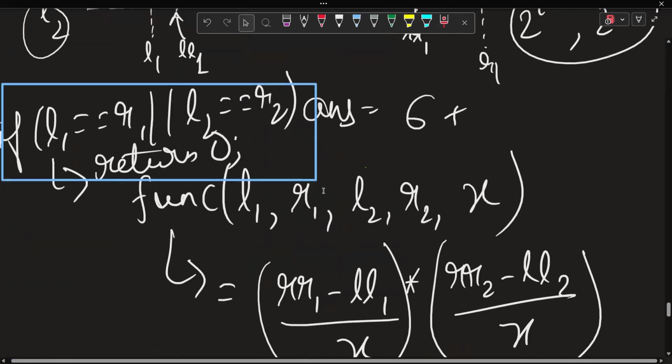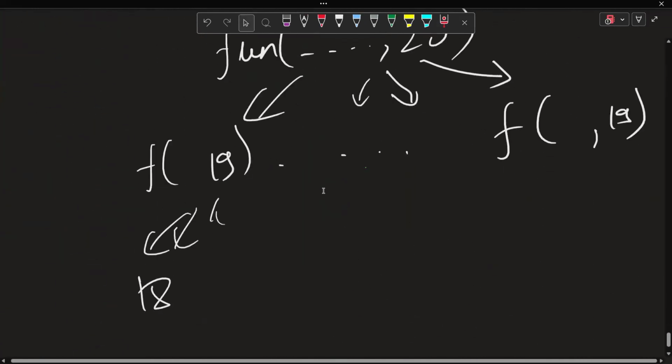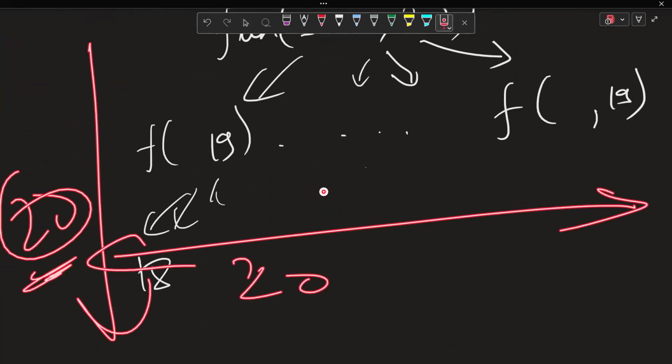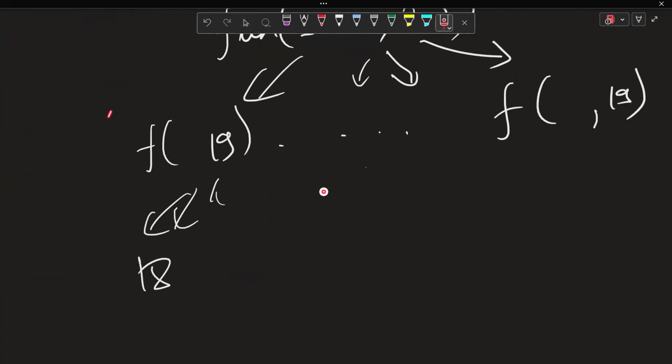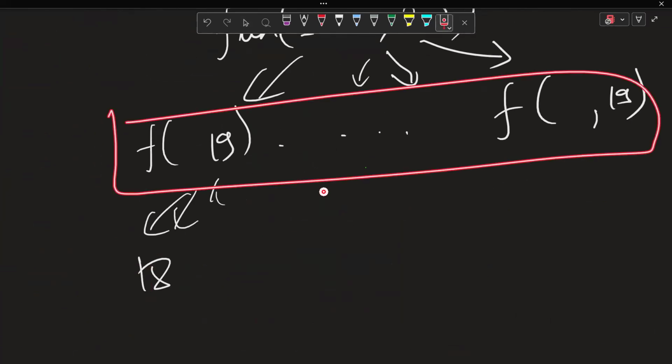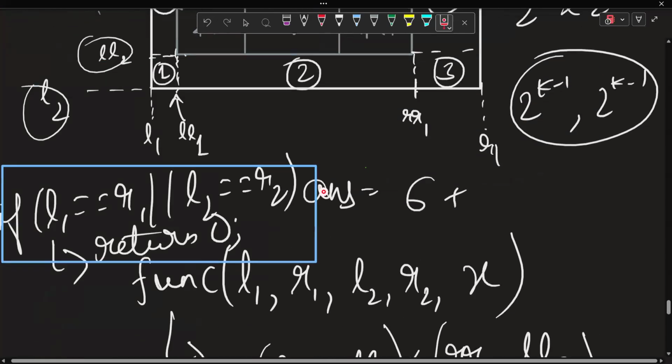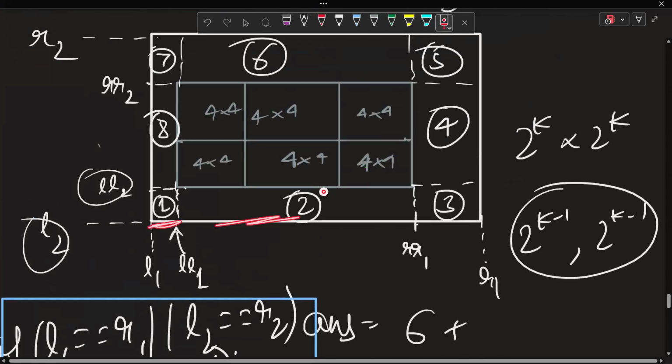Like this recursive tree, the depth of that would go up till 20, and the length at max would also not exceed 20, because at one time, parallelly, all the rectangles that you are calculating would have some different range of lengths and heights.